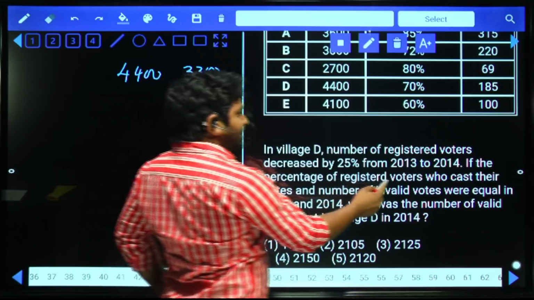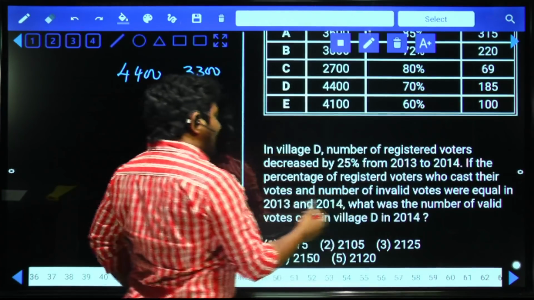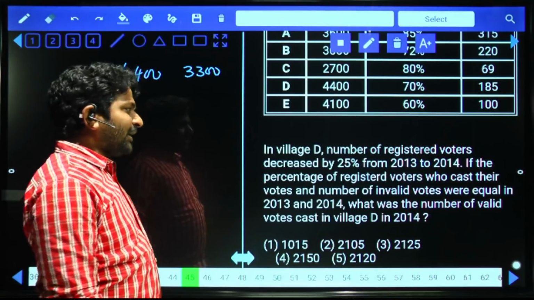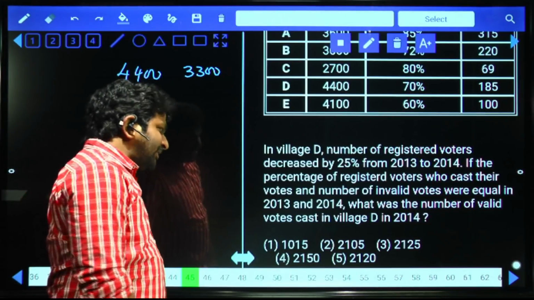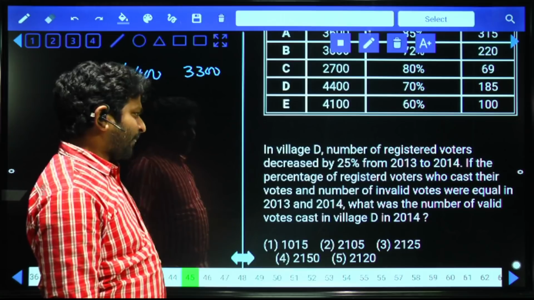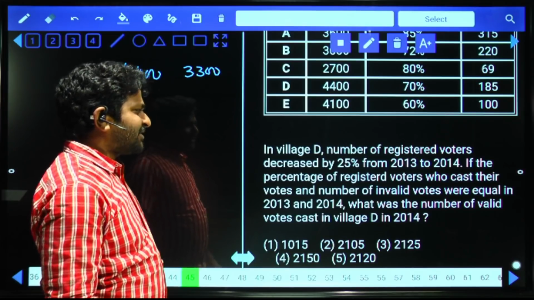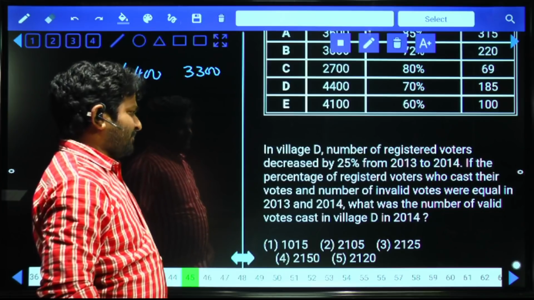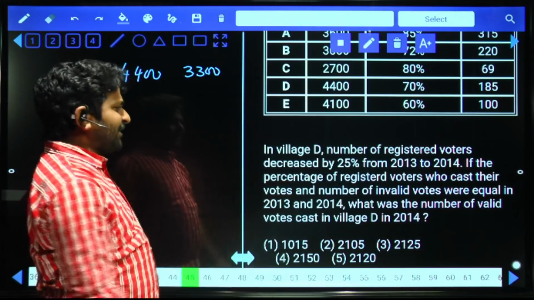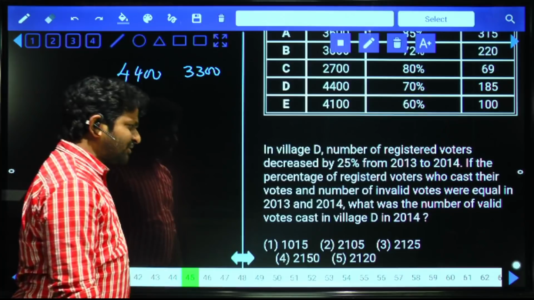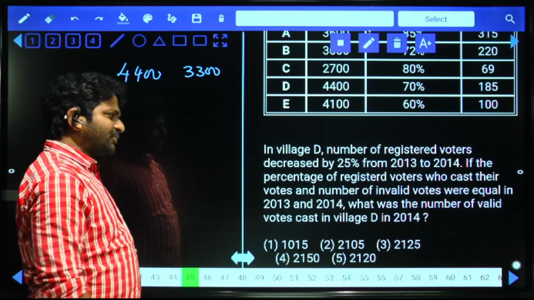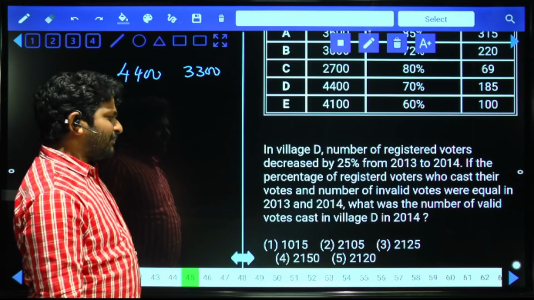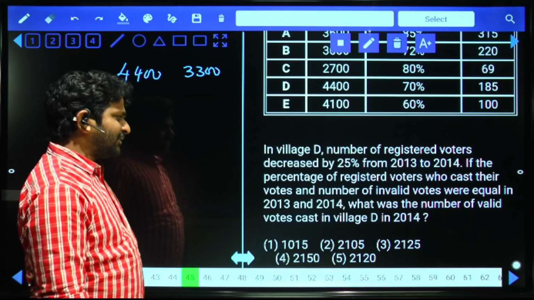If the percentage of registered voters who cast their vote and the number of invalid votes were equal in 2013 and 2014, what was the number of valid votes cast in D in 2014?